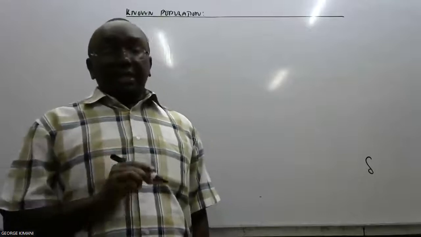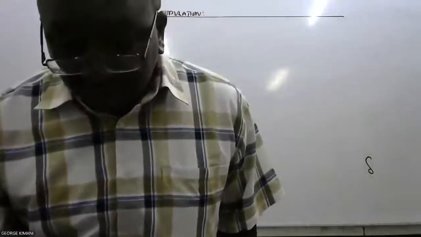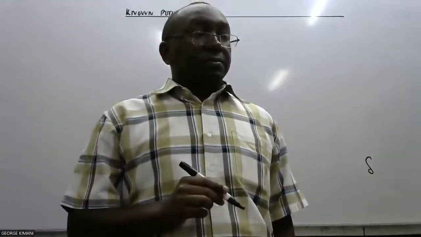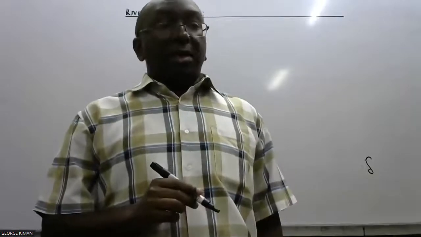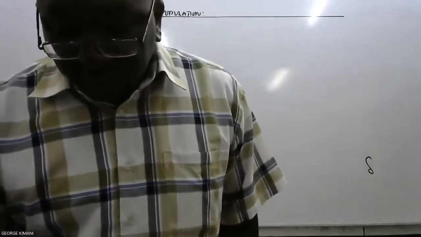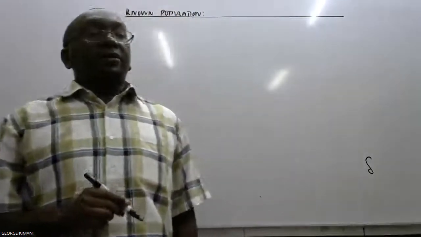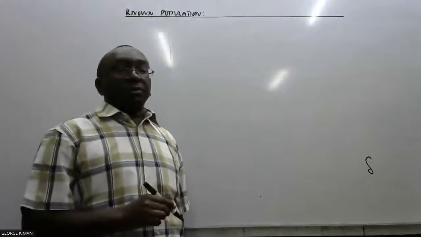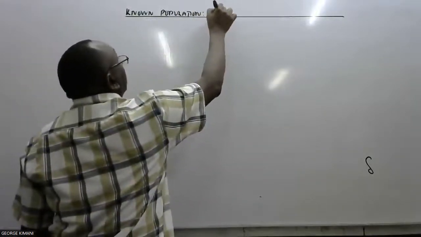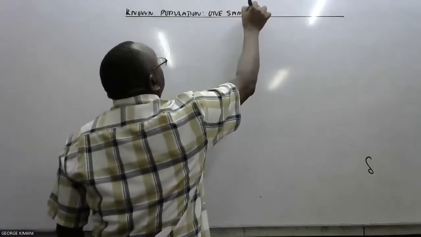The third thing that you must be able to know is, is this one sample or two samples? Ukiangalia kwa maneno ya this question, somewhere the second sentence says sample. Does that reflect one or two samples? One. So one sample, or single sample.